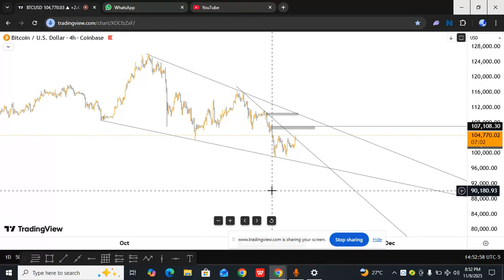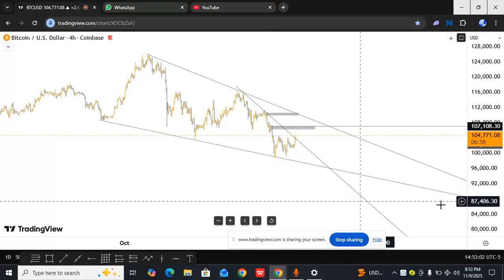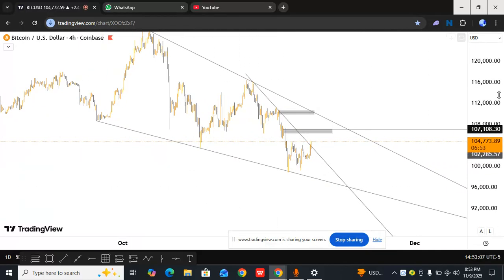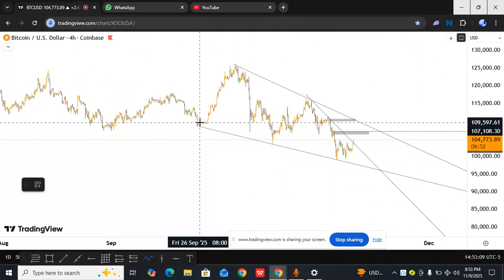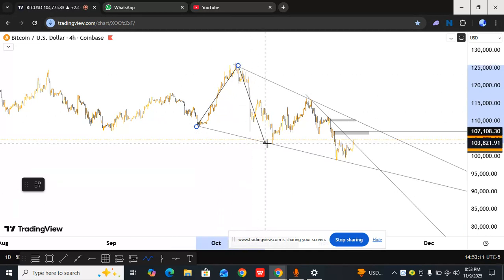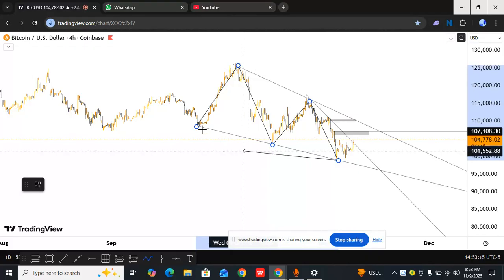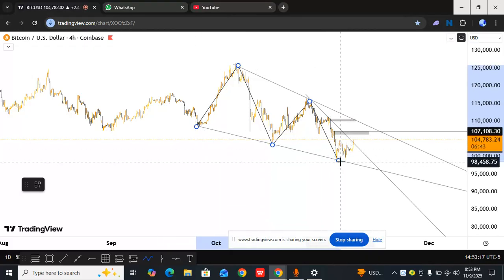Whenever you see a rising wedge, you should be anticipating a breakout, but you also have to know what is happening in the smaller time frame. So this wedge over here, if we were to map it out, you can see that it has completed two touches over here, then also giving us the third touch over here.